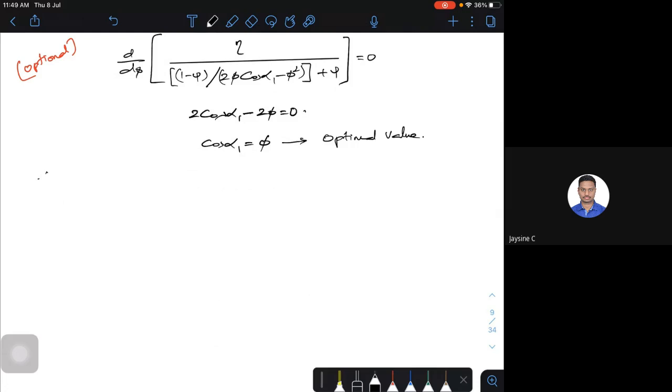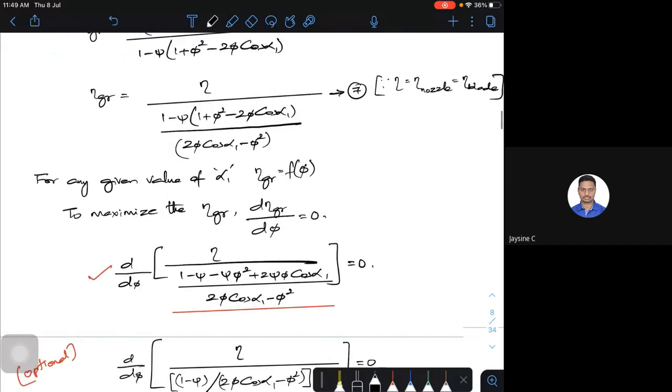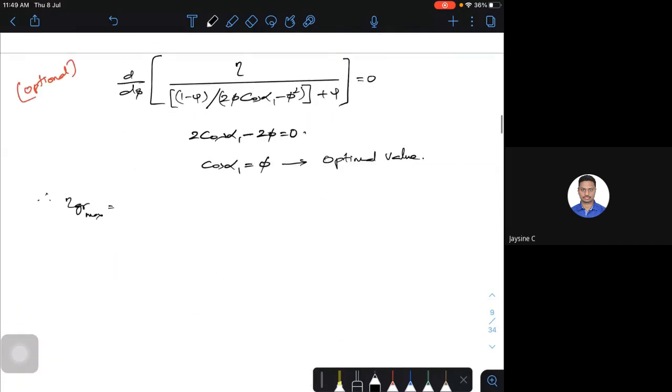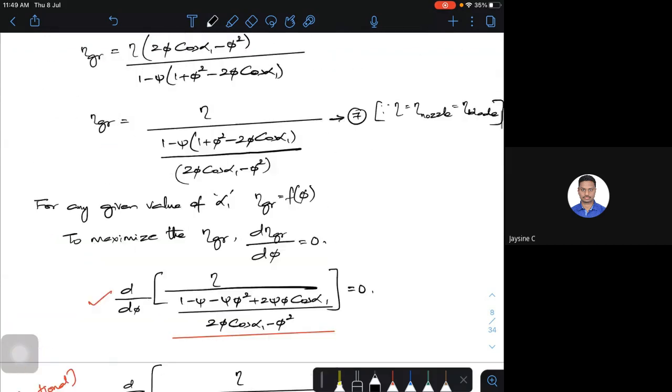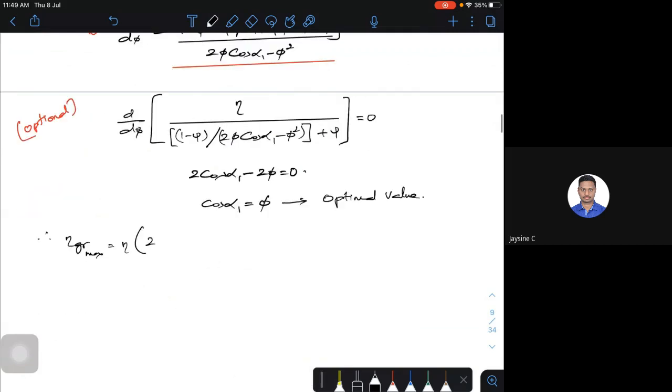Therefore, your gross stage efficiency max is equal to efficiency into 2 times phi, that is cos alpha 1, into cos alpha 1 minus phi square.